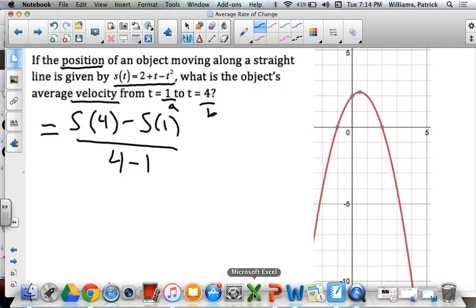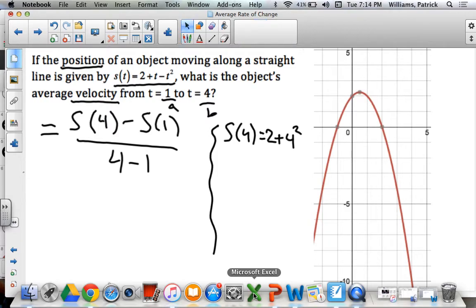So if we plug this in, we'll get that S of 4 is going to be 2 plus 4, not 4 squared. So 2 plus 4 minus 4 squared. That'll be 6 minus 16, which will be negative 10.